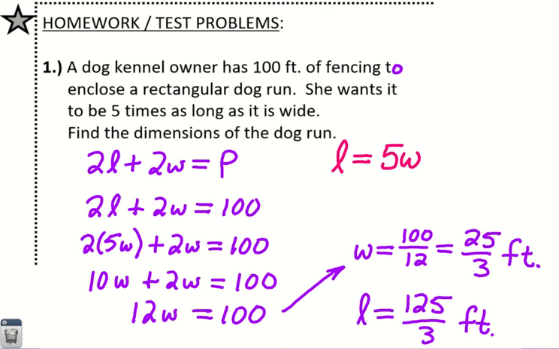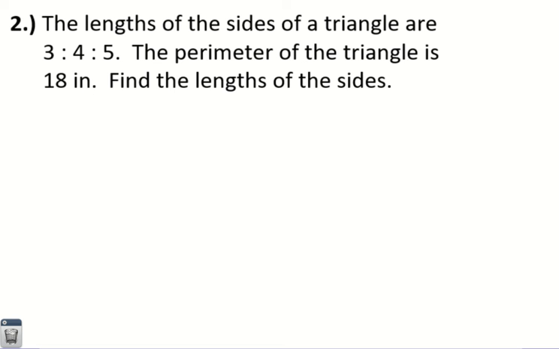If you're taking the SATs or the Keystones or something, I'm not saying that you wouldn't see in the choices 8.3 feet or 41.67 feet. That's possible, I suppose, but usually answers are given in exact form if possible.